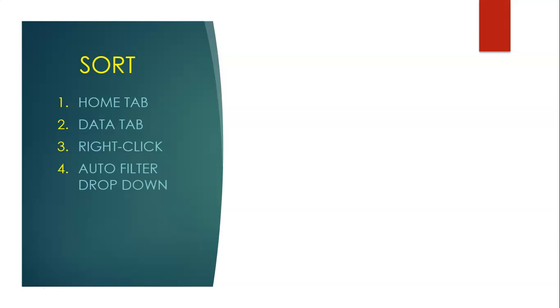Okay, moving on to the next topic, which is sort. Your data is sometimes jumbled and looks messy. Sorting can be done using the Home tab, the Data tab, the right click, which is a simple way, the AutoFilter drop down, or the Sort dialog box. So there are five methods that you can use to sort your data.